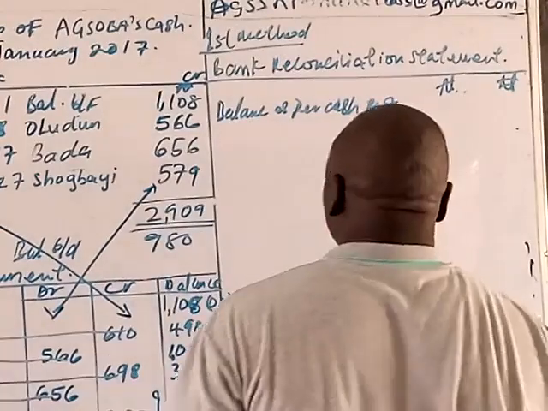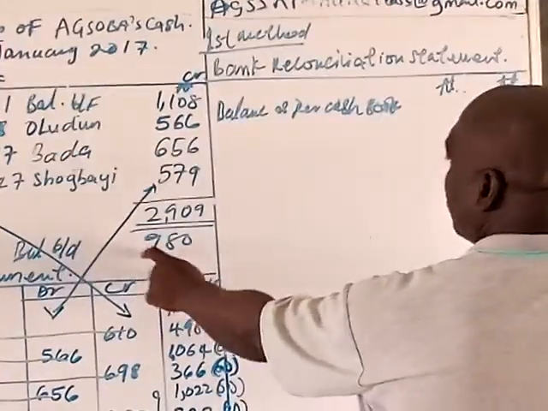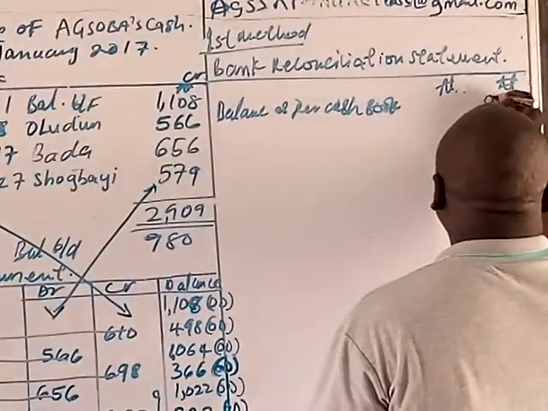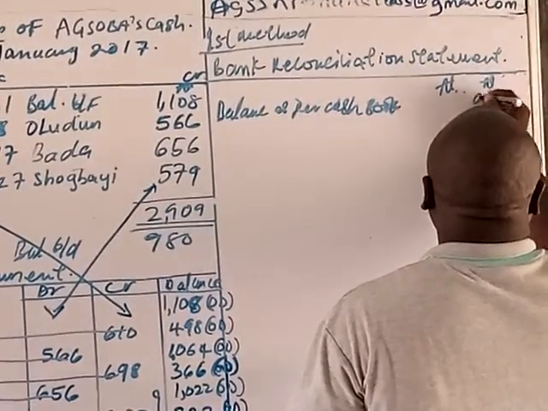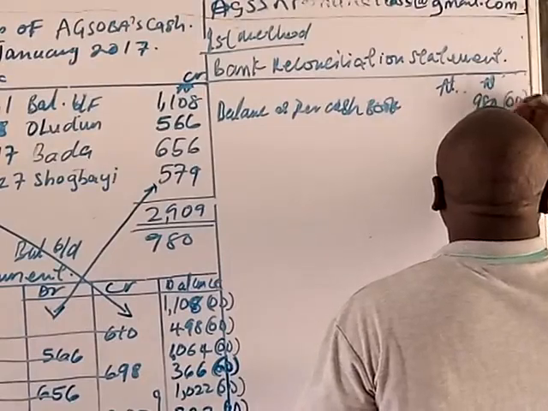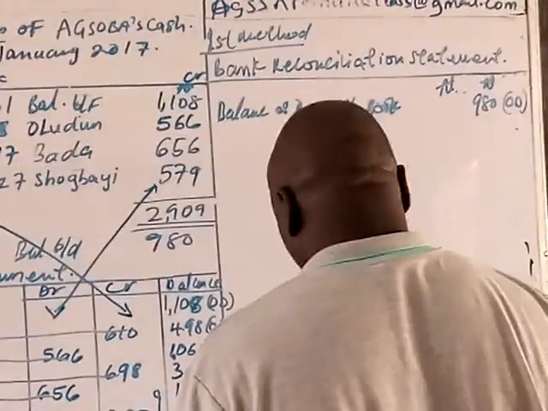Because the cash book has been withdrawn, it is on the debit side. So you bring it down as 980. And you must put the sign there, 980 OD, to indicate that it has been withdrawn.